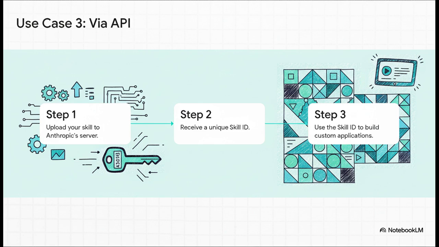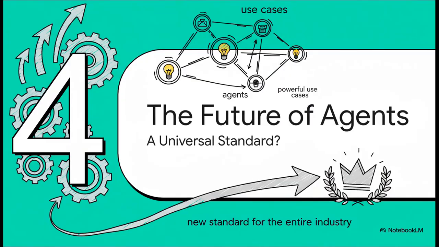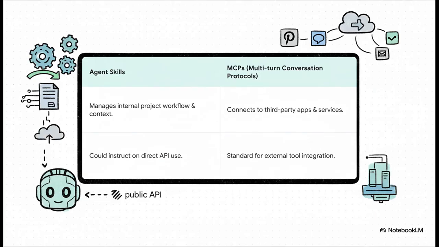The possibilities are huge. Okay, let's zoom all the way out for a second. The efficiency gains are incredible, and the use cases are really powerful. But the real game-changing idea here is that this could become a new standard for the entire AI industry. So how does this stack up against something like MCPs? Well, here's an easy way to think about it.